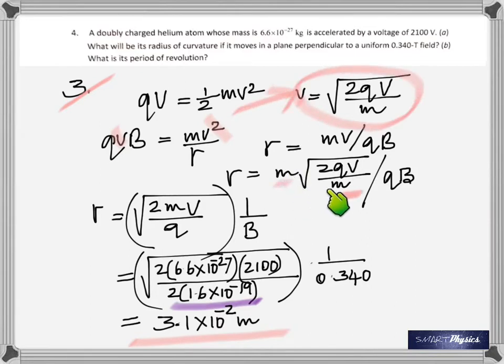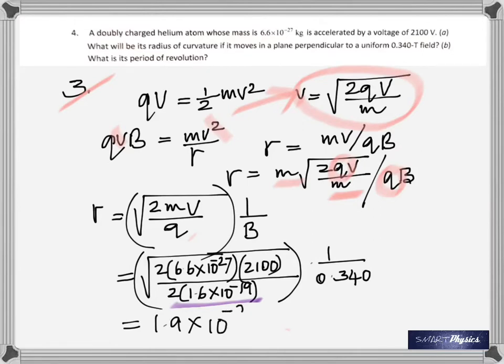One of them gets cancelled with this, and you have it in the numerator as a square root. Wow, again a calculation. Okay, so it's actually 1.9 times 10 to the negative 2 meter. That's the radius of the electron. I mean the doubly charged helium atom.